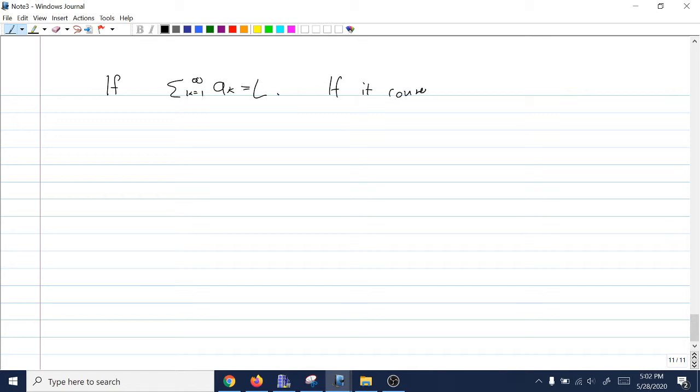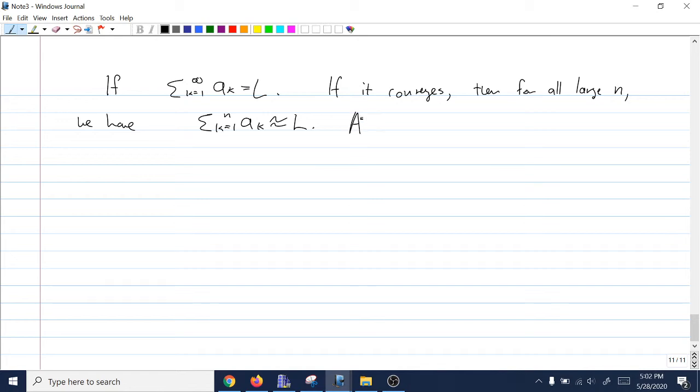If it converges, then for all large n, the sum from k equals 1 to n of ak is going to be very close to L. This is what it means for the series to converge, that the sequence of partial sums converges. So the nth partial sum, if n is very big, will be very, very close to L. I could make this more specific, say that the difference between this and L is less than epsilon.